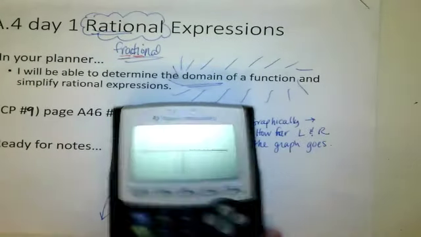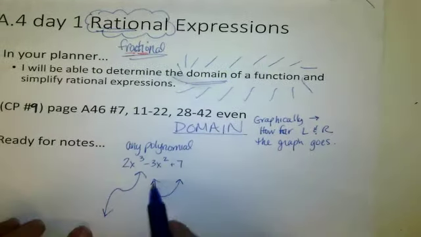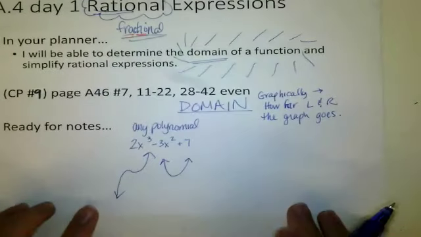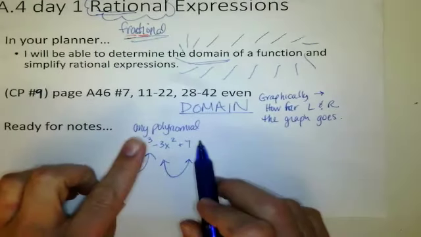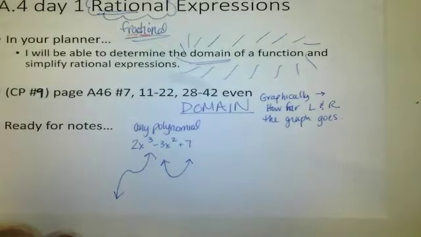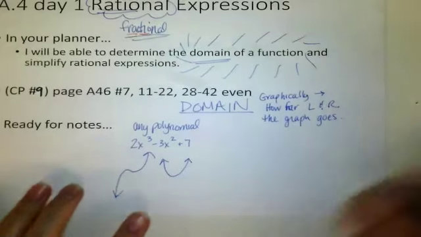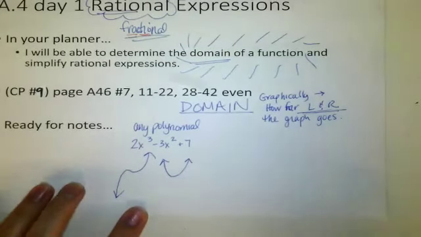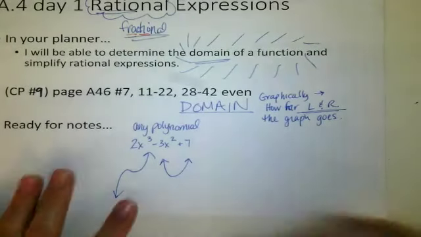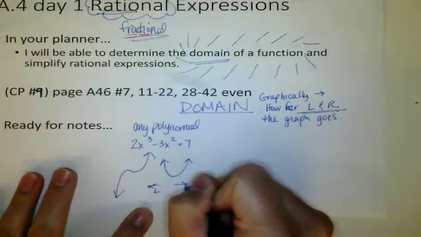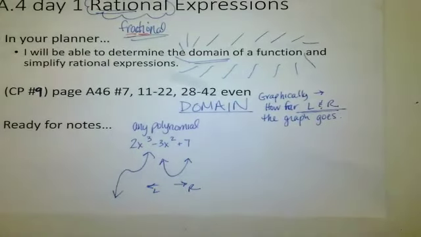But really what's happening, like especially with a quadratic here, parabola, these arrows are pointing up, but are they only going vertical? No, they move out as well, right? They grow to the left and they grow to the right. So that's what I'm talking about when I say how far left and right does the graph go. They move forever to the left and forever to the right.